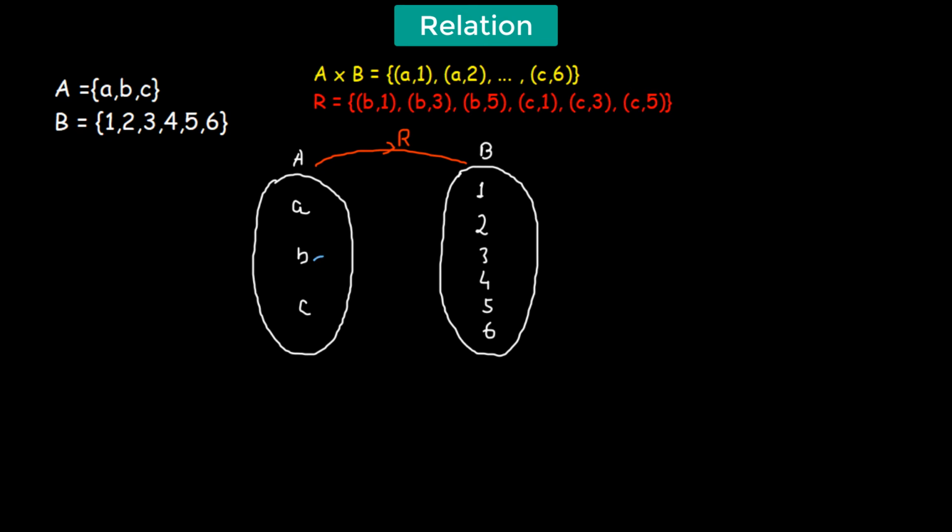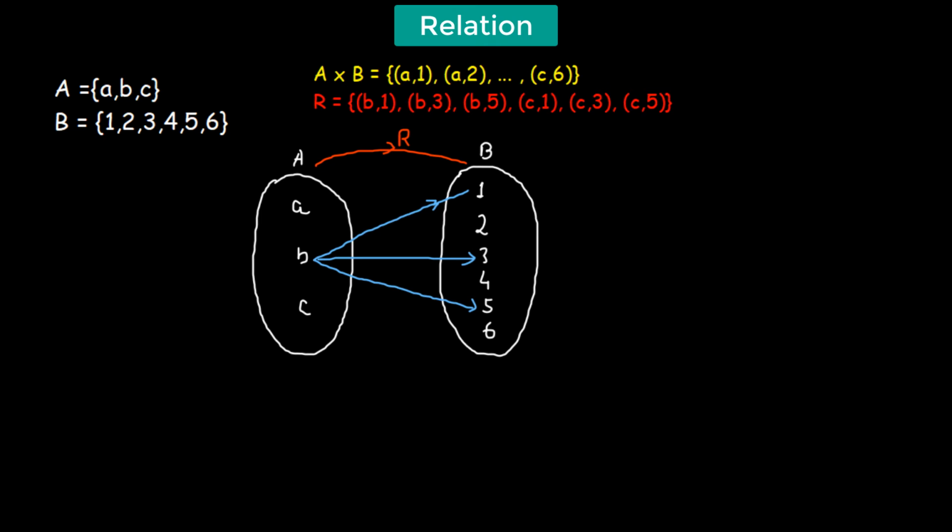We'll draw an arrow going from b towards 1 in set B. Then we draw another arrow going from b towards the second odd number, which is 3. And we have another arrow going from the consonant b towards the odd number 5.